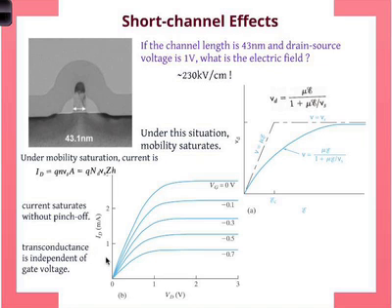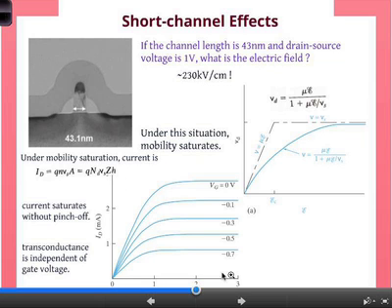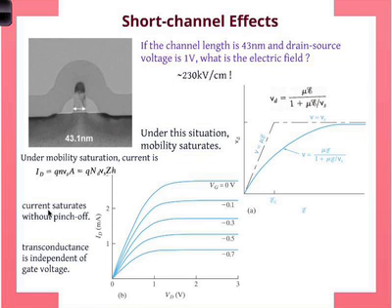Essentially, this is again the drain current, the output current, as a function of the applied drain to source voltage for different gate voltages. Okay, the current saturates without pinch off in this case. So you don't actually need to have a pinch off happening before the current can saturate. The current can saturate just because the mobility saturates.